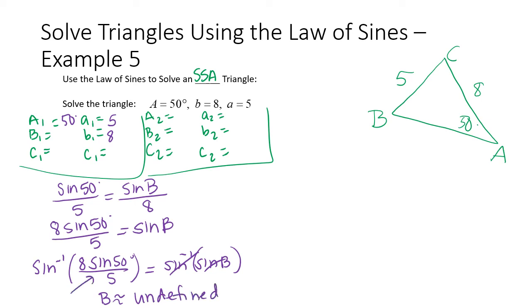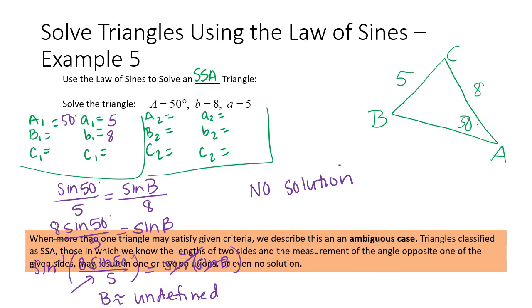So whenever you get an undefined, that means there is no solution. There's no triangle that has an angle of 50 degrees with its corresponding side 5 and then another side of 8. So again, with the law of sines, there are different options that can happen.